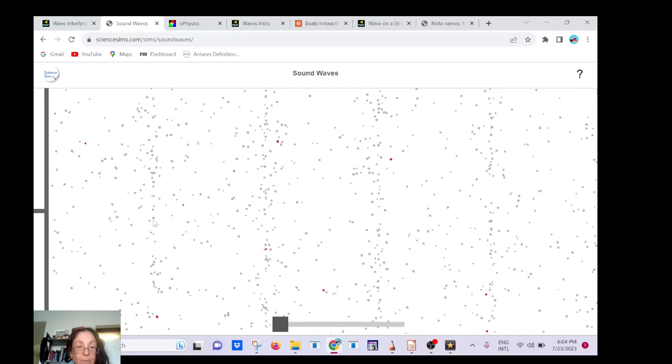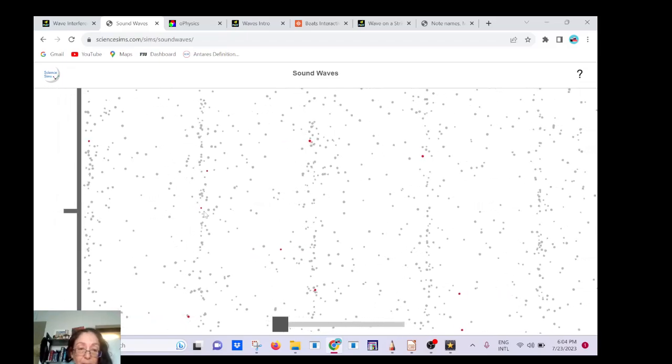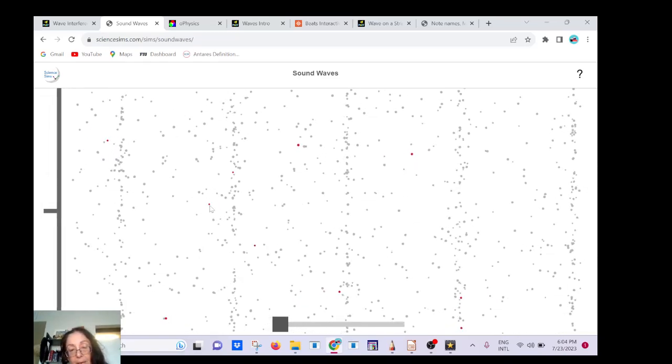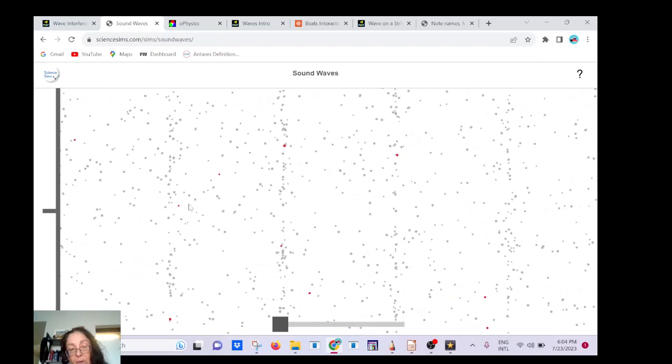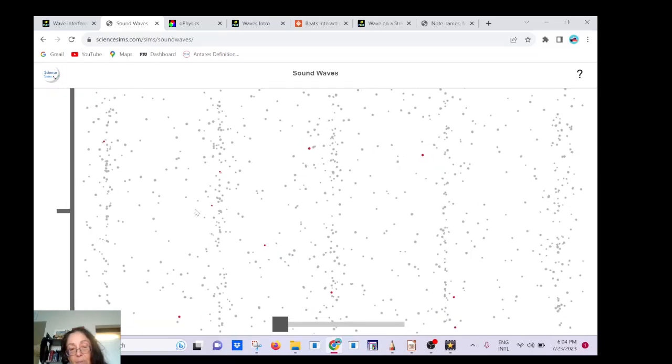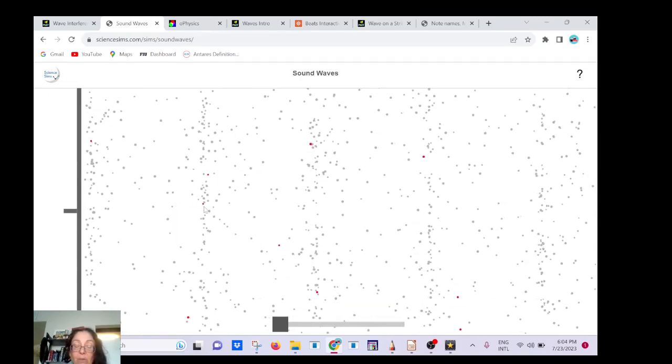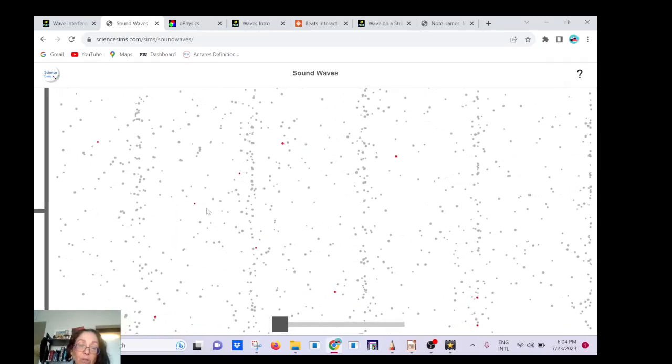So very low frequency. You see these little red particles are not going along with the wave. They stay and just vibrate or oscillate about their equilibrium position. So it's a simple harmonic motion.